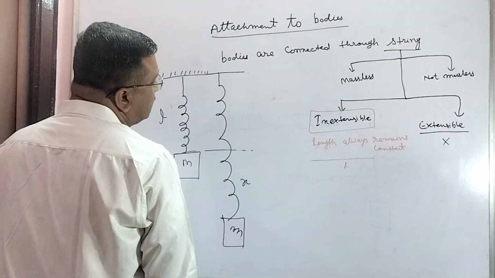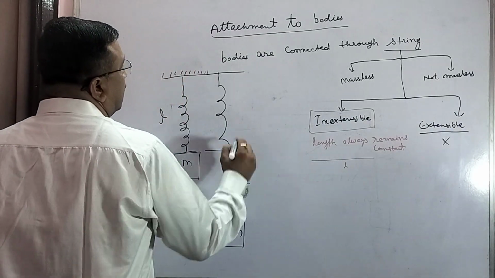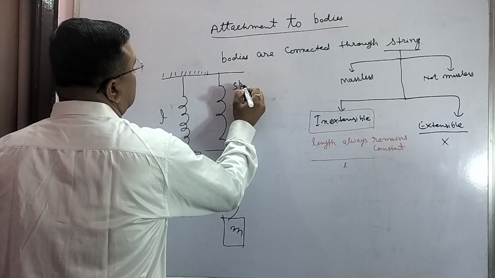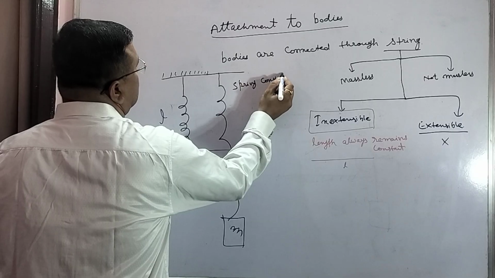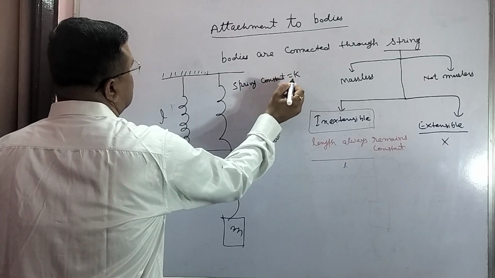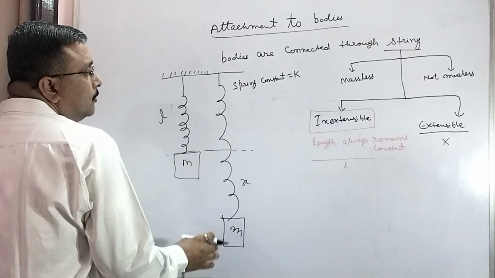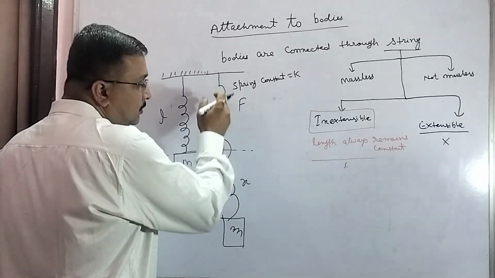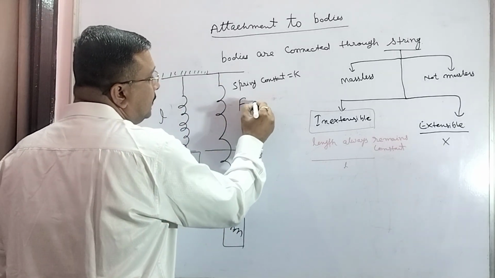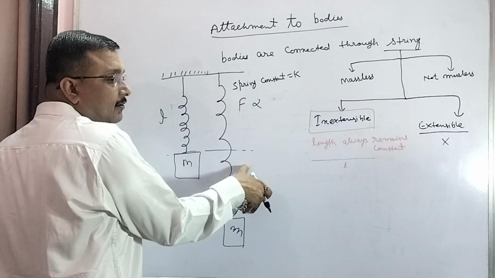Now we have to consider one quantity which we shall call a spring constant. We shall denote it as K. So what happens, इस बॉडी पे जो फोर्स आएगा वह फोर्स F due to spring, force F is directly proportional to the length extended.